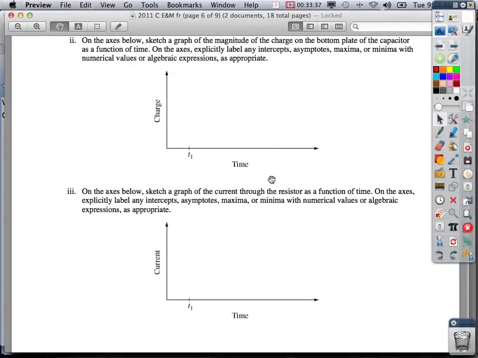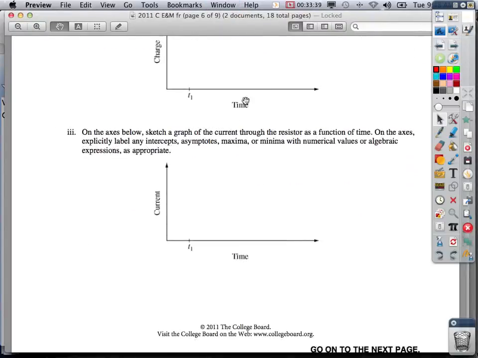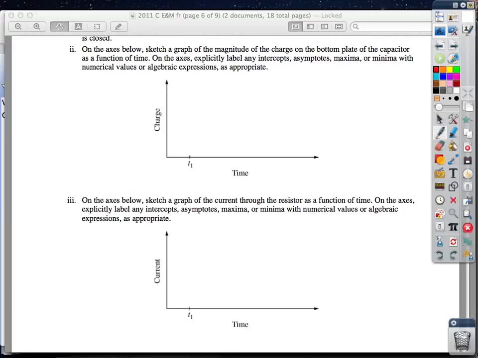Okay, so hopefully we can see this. The charge builds up to a maximum, but the current decreases to a minimum. Yeah, it's the current through the resistor.